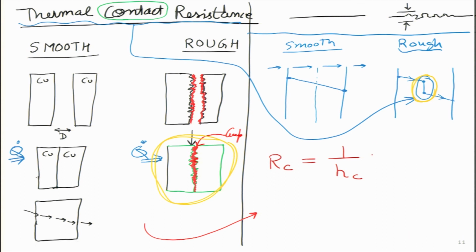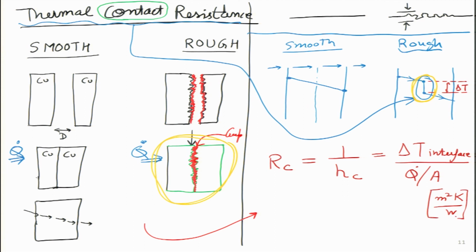It is defined as the ratio of delta T interface, which is this delta T over here, to the heat flux, which is Q dot divided by A. If you figure out the units for this, it will turn out to be meter square Kelvin divided by watts.